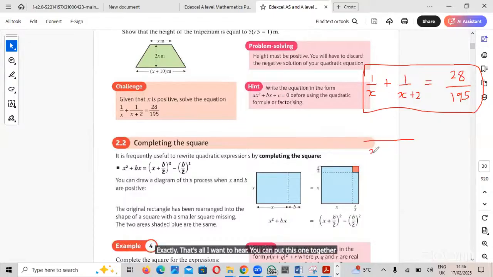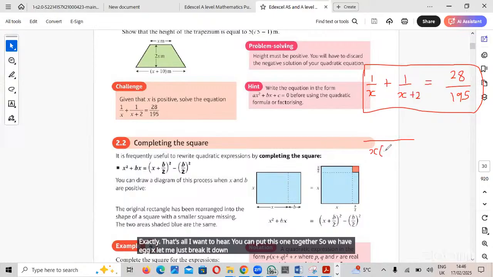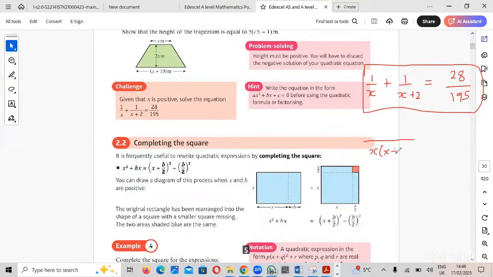Let me just break it down a bit so that you can go and solve it. x times (x plus 2). So this cancels, the remaining is x plus 2. Then plus this cancels, the remaining is x. Then is equal to 28 divided by 195.